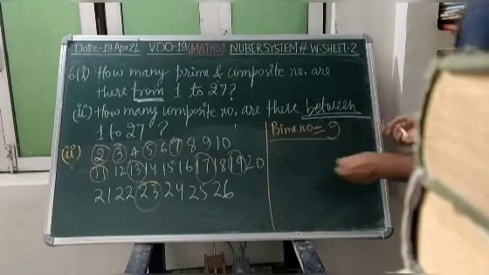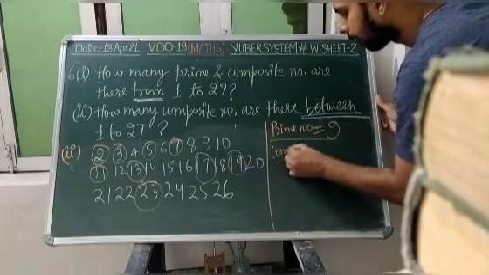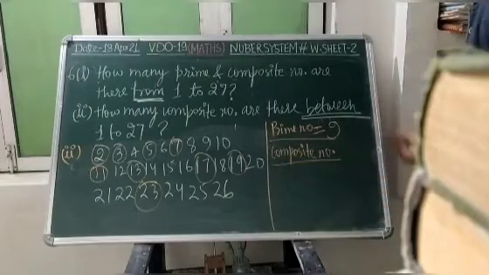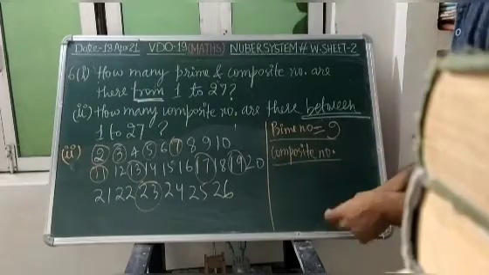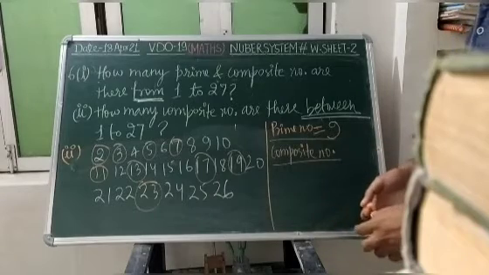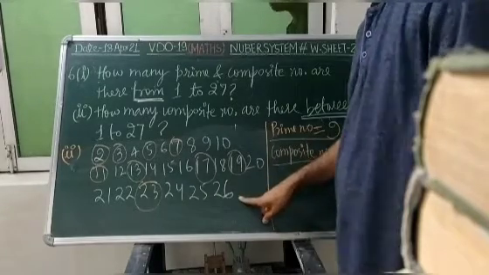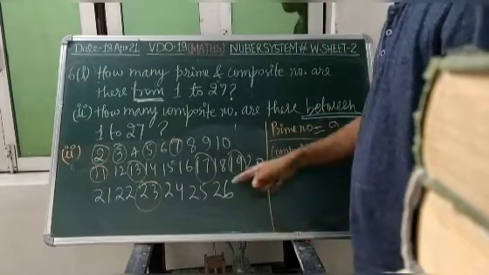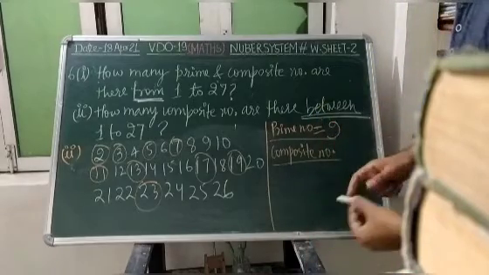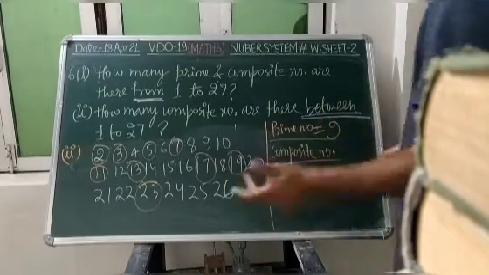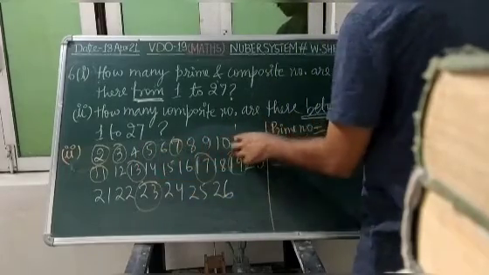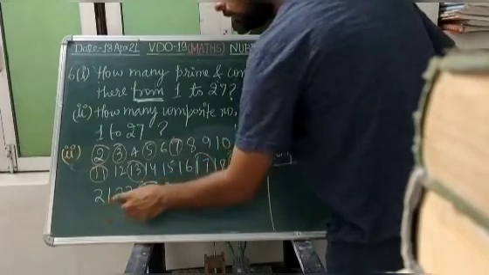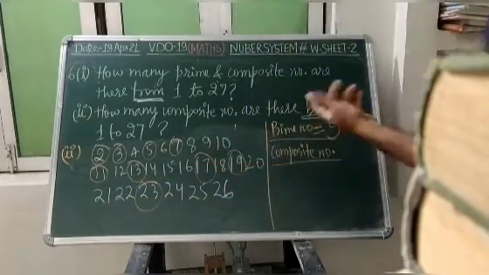And if I am talking about composite numbers, earlier you have seen that there were 17 composite numbers, but since we have ignored 27, which was a composite number, we will have 16 composite numbers. You can check: 1, 2, 3, 4, 5, 6, 7, 8, 9, 10, 11, 12, 13, 14, 15, 16.